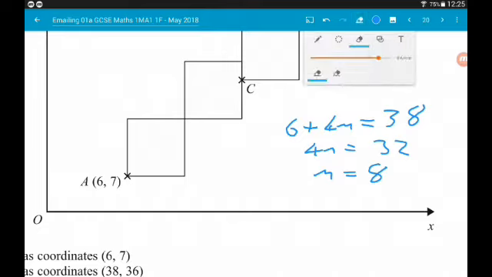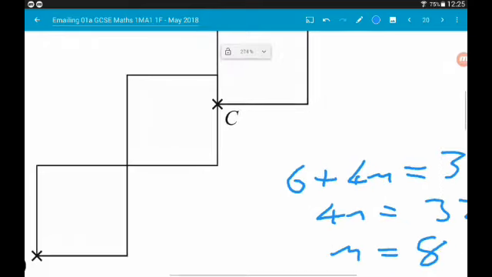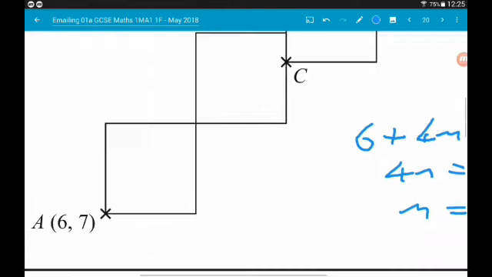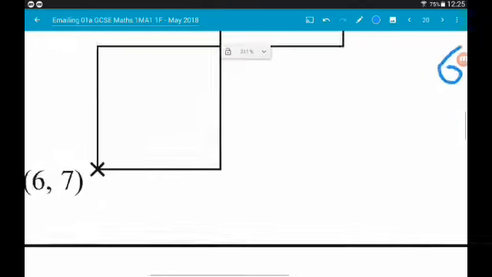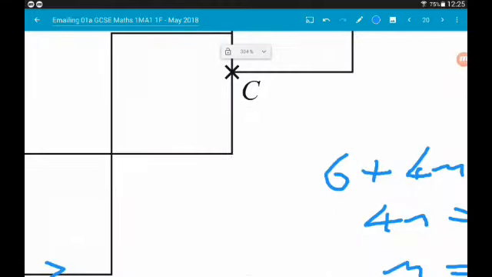So, looking at point C, we can see the x coordinate of C is going to be 2 of the squares to the right of point A. So we're going from 6, we're going across by 8, and then we are going across by another 8.